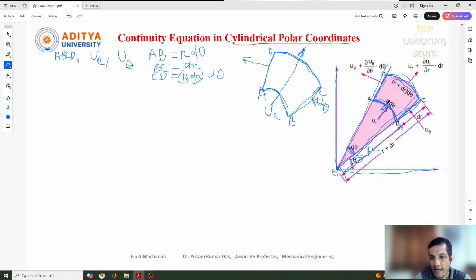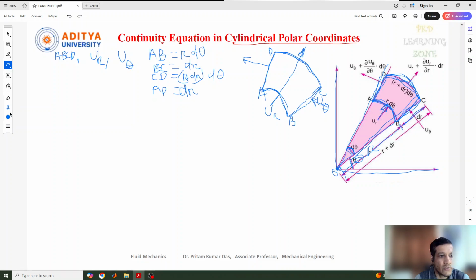Here r d theta is there, and if you go to the CD point, it is a distance of dr from the B point to C point. That's why the length of CD is r plus dr into d theta. Similarly AD length is also dr, the same as BC length.